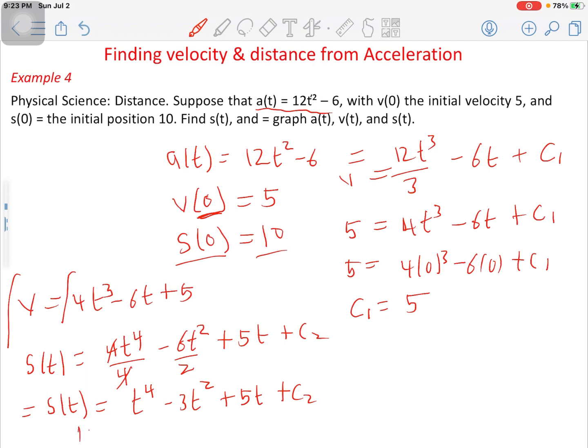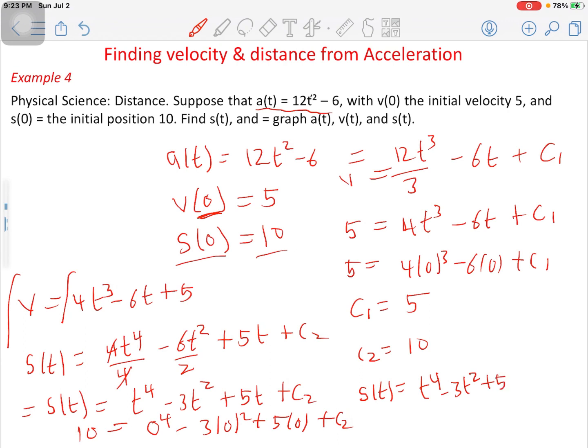Therefore, we can do the substitution: 10 equals 0 power 4 minus 3 times 0 power 2 plus 5 times 0 plus c2. And at the end of the day, we get c2 equal to 10. Bringing it back to the original function, s of t is equal to t power 4 minus 3t squared plus 5t plus 10. So this is our distance function.